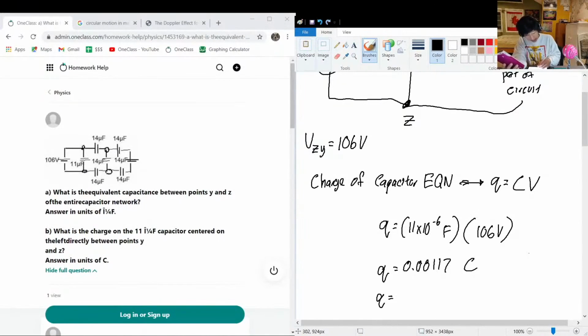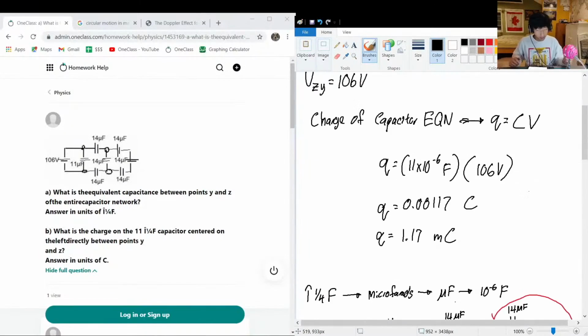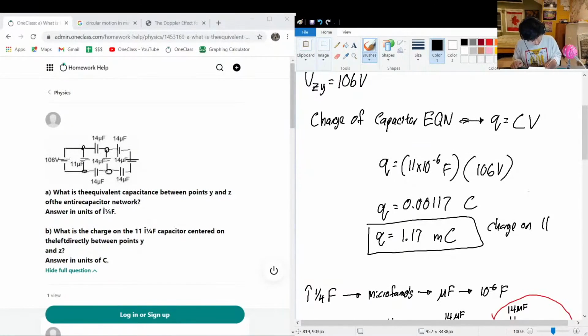Another way we can write that is 1.17 millicoulombs. So this would be the charge on the 11 microfarad capacitor, and that would be awesome.